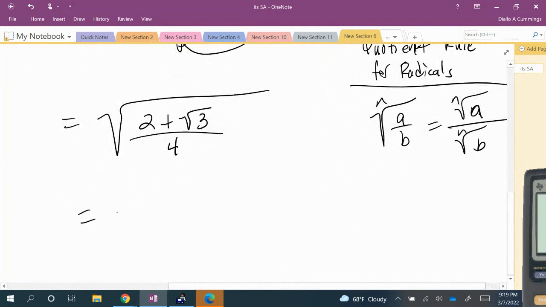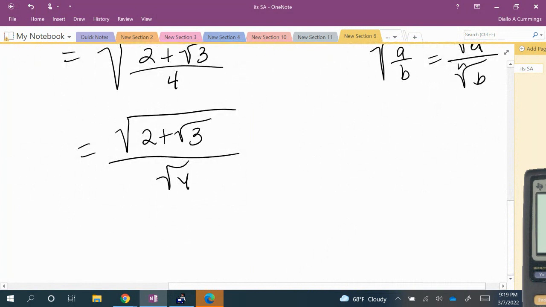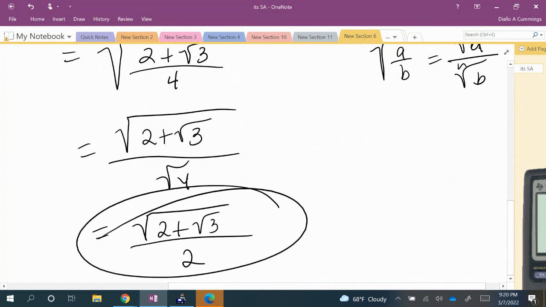Right, so I'm going to rewrite this as, and I know this may look funny, the square root of 2 plus the square root of 3, so notice I have a square root inside of a square root, divided by the square root of 4. The square root of 4 is perfectly 2, so my final result is the square root of 2 plus the square root of 3 divided by 2.